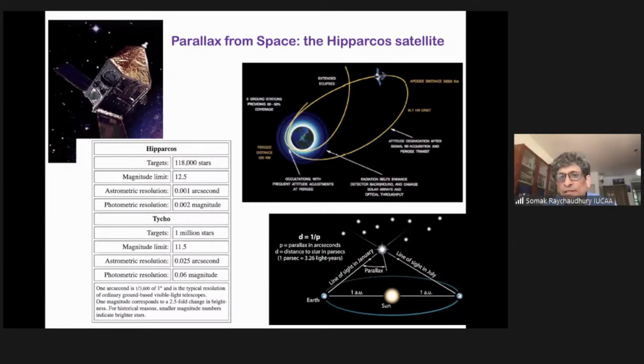It came as close as 500 kilometers, and it moved away, as you can see, out to about 36,000 kilometers. And so this changes the baseline from which you're doing parallax.